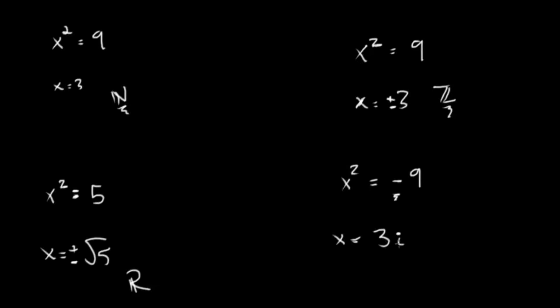Like 3i has the function dilate 3, rotate 90. And if you do that twice, you get a 180-degree rotation counterclockwise and a dilation of 9. So x equals 3i is a solution to this question. What when squared gives you -9? What when done twice rotates 180 degrees and dilates 9?